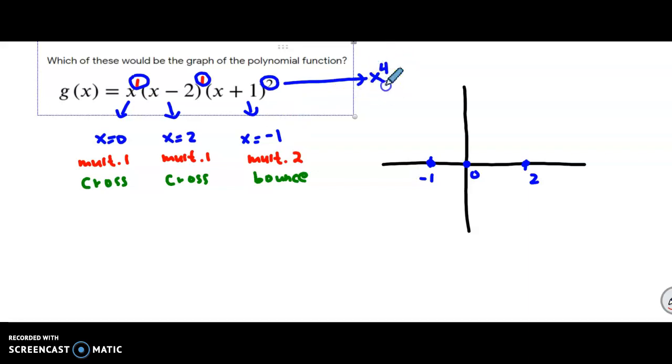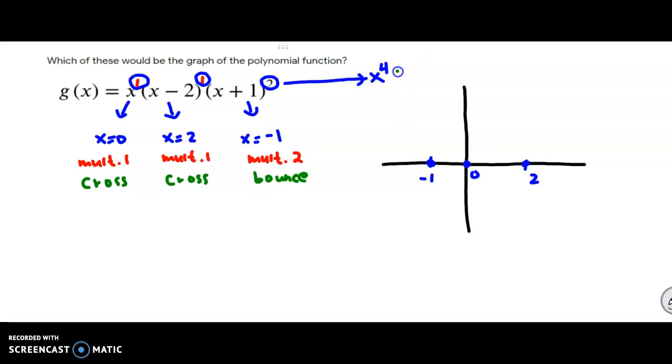Now, why is that important? The other ones, you might have x to the third or x squared, but those don't matter as much. Because remember when Mr. Pardun said, what if you substitute in a very large number for x? So let's do that real quick.